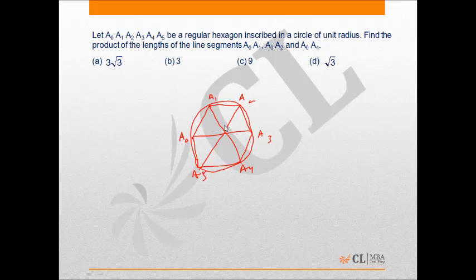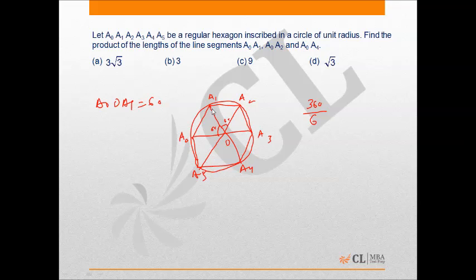the angle subtended by each side at the center of the hexagon, which will be the center of the circle as well, will be the same, and the total angle that can be drawn at a center is 360 degrees, and there are 6 angles, so the value of each angle, like A0OA1, will be 60, and the same will be the case with other angles, like A1OA2 will also be 60, and so on.